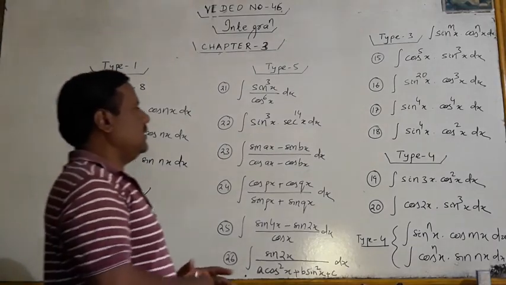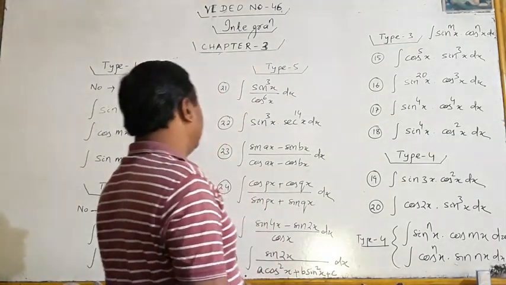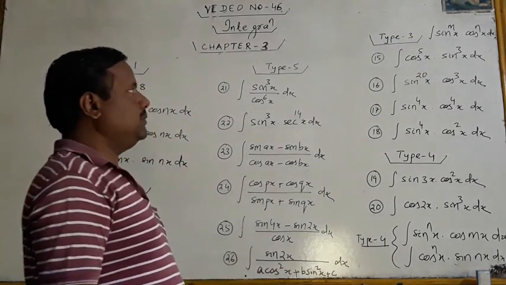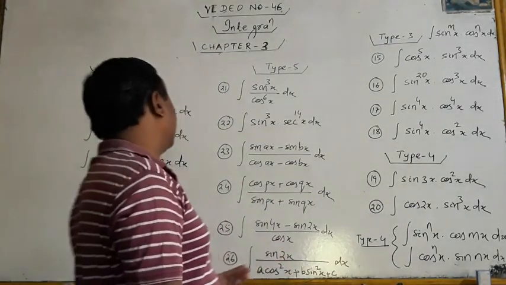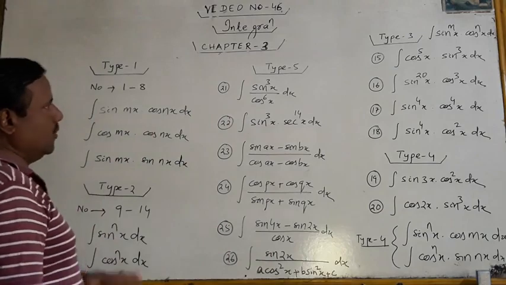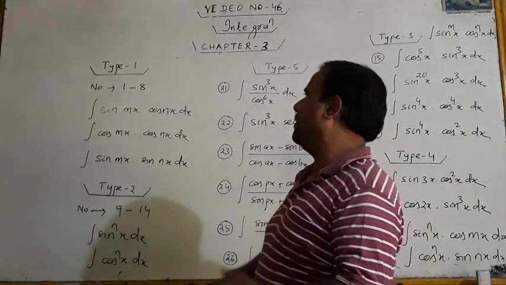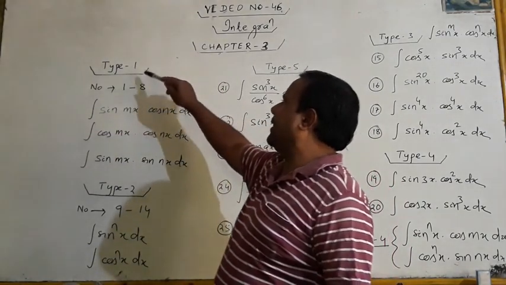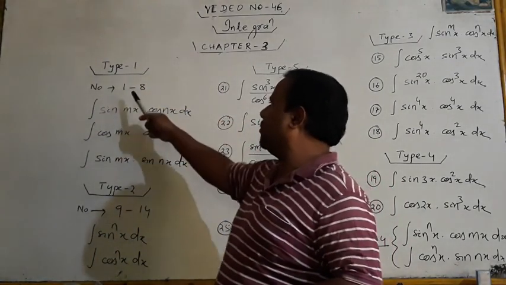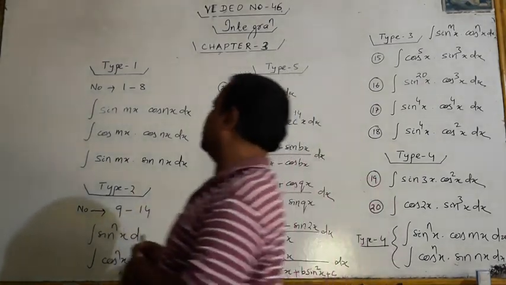Today we'll discuss other types, type 3, type 4, type 5 and onwards. But in my previous video, I have taught you already type 1, that is number 1 to 8. What are those?